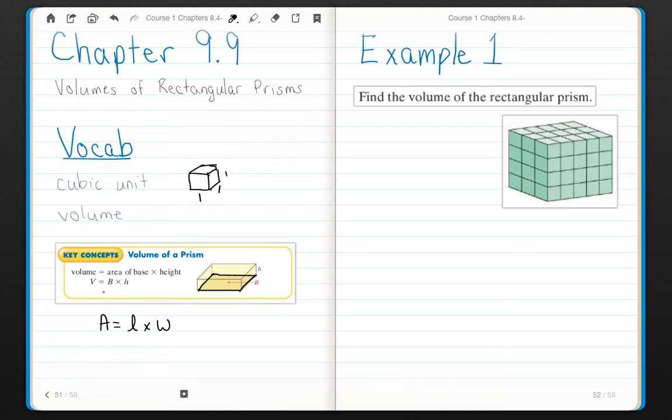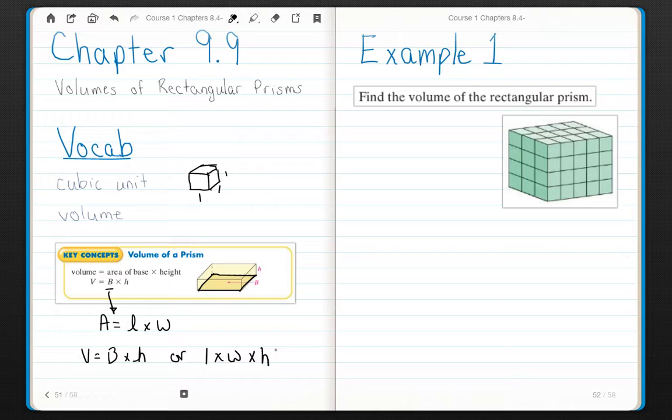So often you'll see volume written as base times height. Base is the same as length times width. So volume will either equal base times height or length times width times height. They are both the same thing.